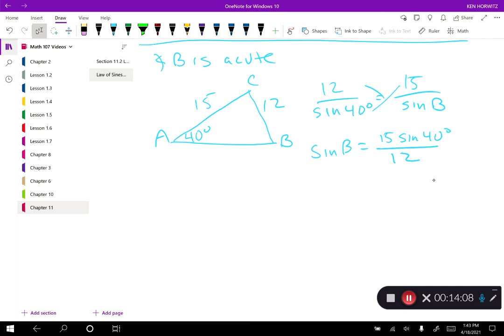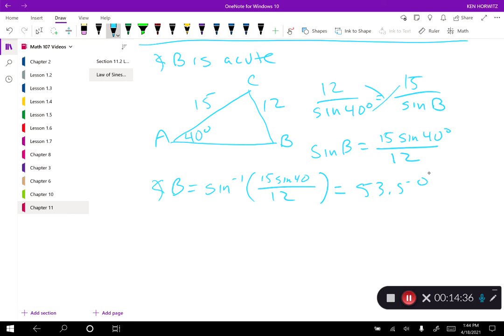Okay, hopefully you paused the video and took a moment to solve for angle B. Angle B is the arcsine of 15 sine 40 over 12, which is about 53.5 degrees.